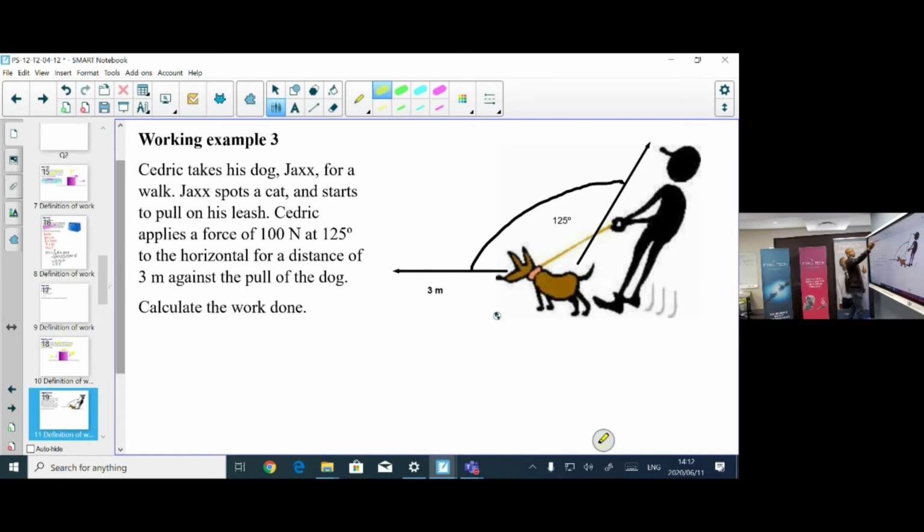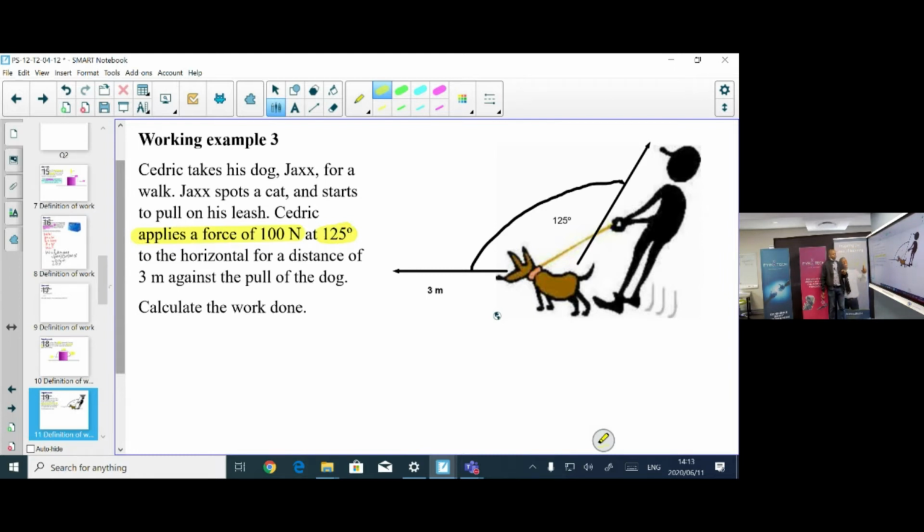All right, let me start with this. We have been given applied force, which is 100 Newton. We have been given something else again. This is 125 degrees.